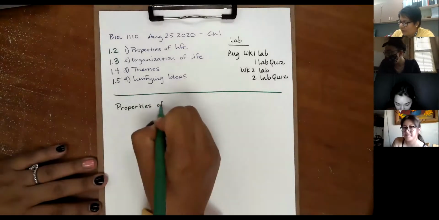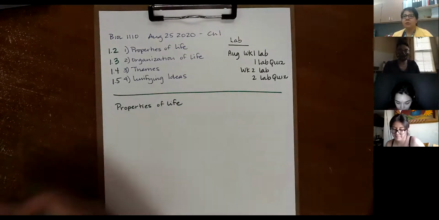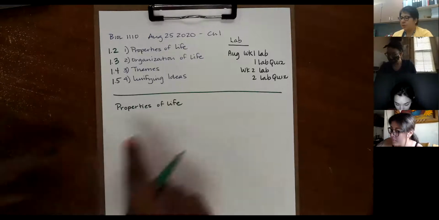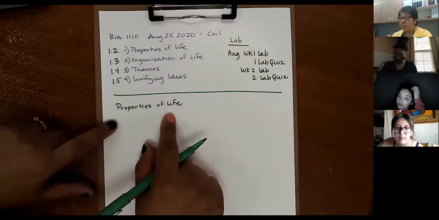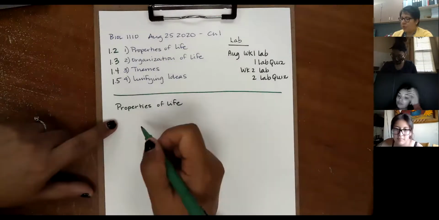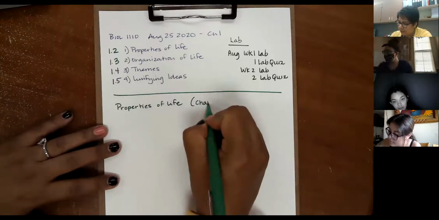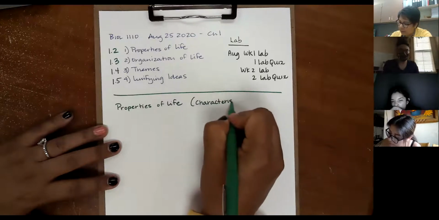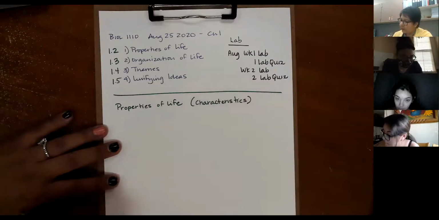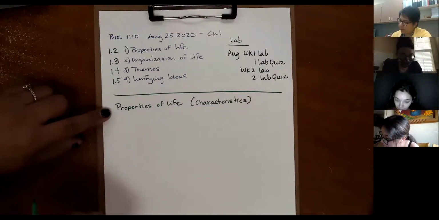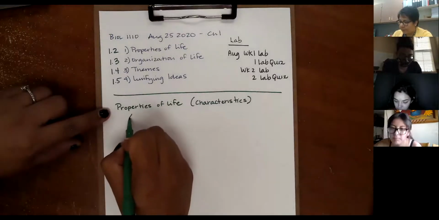So first we'll talk about the different properties of life. Now, all living things possess certain characteristics so that we know that they are actually alive. We can't always tell that something's actually alive just by looking at it. And so scientists have come up with a list of characteristics, or a list of properties, that something has to exhibit in order to be considered alive.